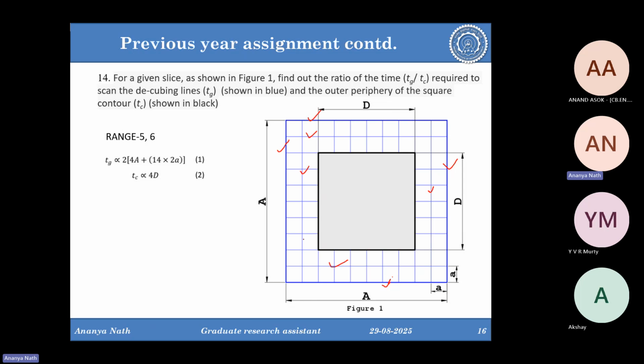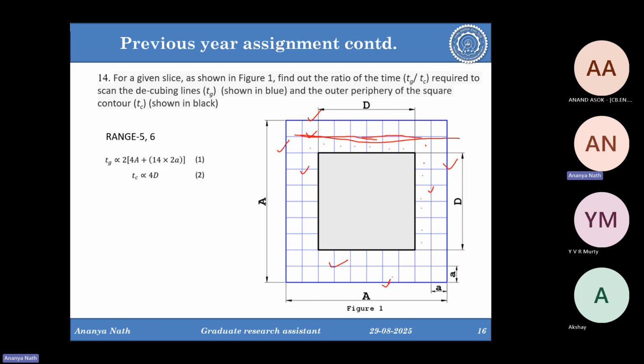Now let's go inside. If I see this line and this line, these lines: 1, 2, 3, 4, 5, 6, 7. 7 into 1, 2, 3, 4, 5, 6, 7. 7, 14. In one side of the cube, I can see 14 lines are there. These lines I am counting.